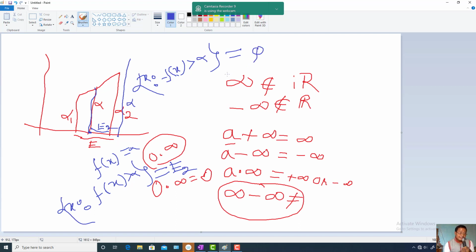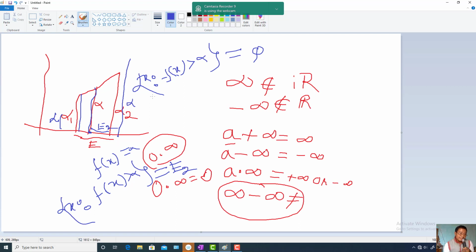Now if you take alpha less than alpha 1, this is your alpha 1, from here to here. Then the set of x such that f of x is greater than alpha will be the whole set E. Like this, for every real number you find out this set of x such that f of x is greater than alpha.